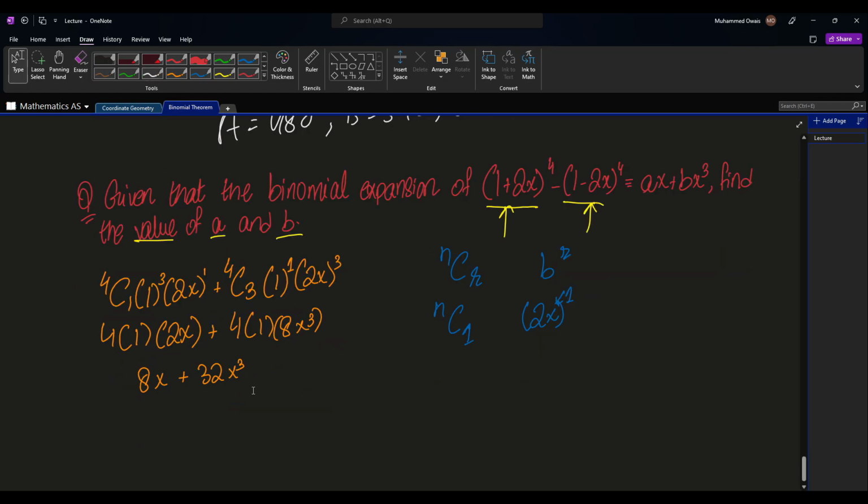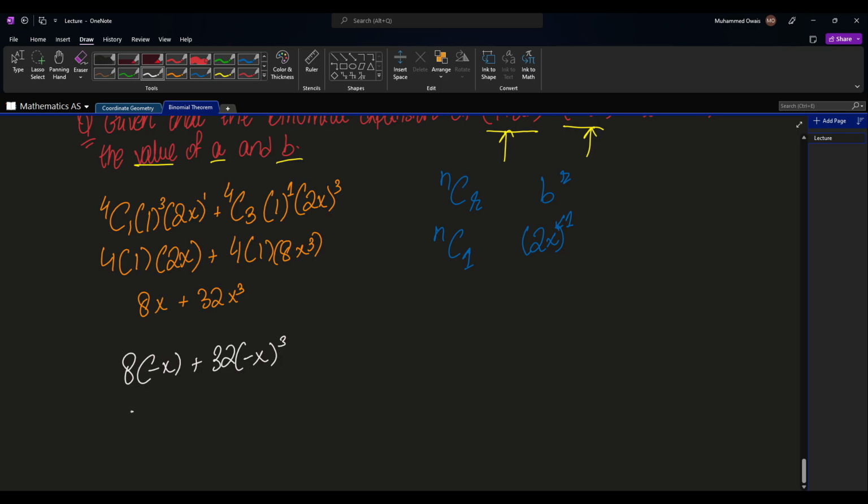So all I have to do is replace this x with minus x. As you can see, the only difference here is that there is plus and this is minus, so all I need to do is replace the value of x with negative x. Plus 32 into minus x cube, so this gives me minus 8x minus 32x cube.